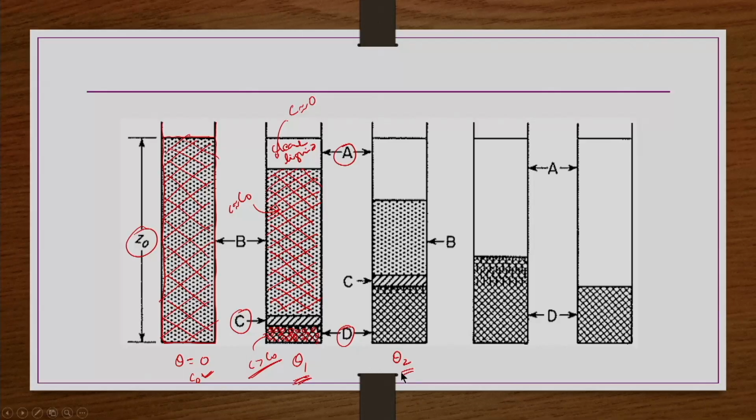If you further increase the settling time to theta 2, let us say 10 minutes, allowing another 5 minutes to settle, you can see the clear liquid zone A increasing in size. Similarly, the sludge D forming at the bottom also increases in thickness. The height of zone D is increasing, the height of zone A is also increasing, whereas the height of the B zone is decreasing, because the particles are going down to D zone and the liquid is moving up to the A zone.